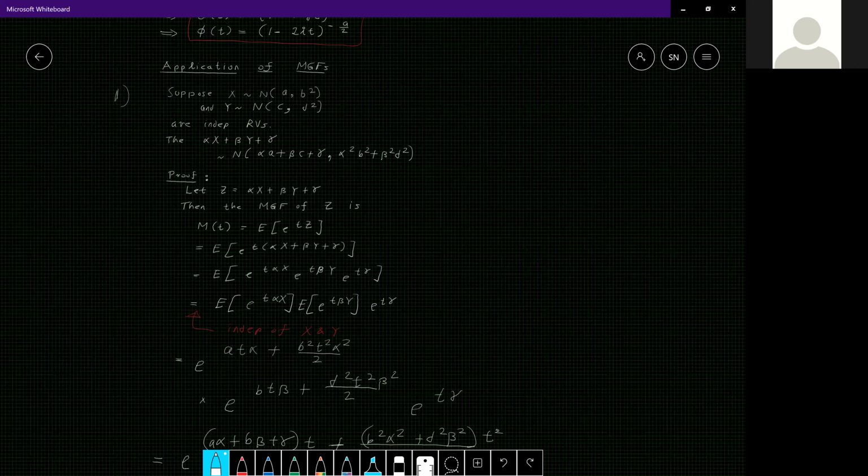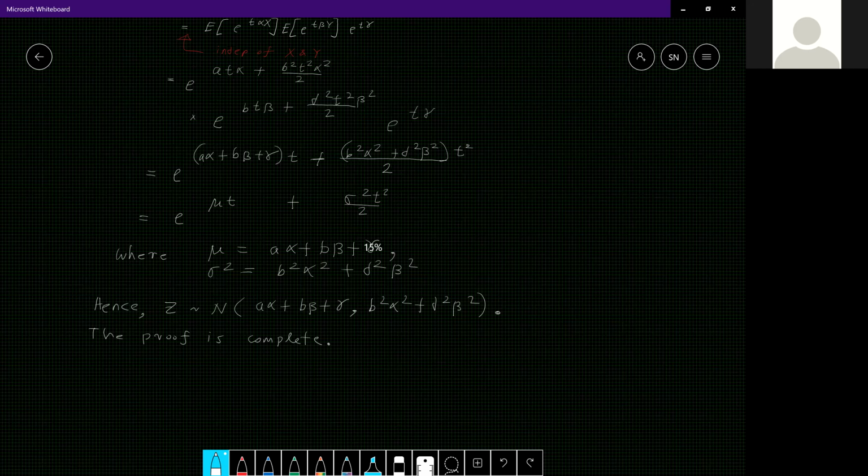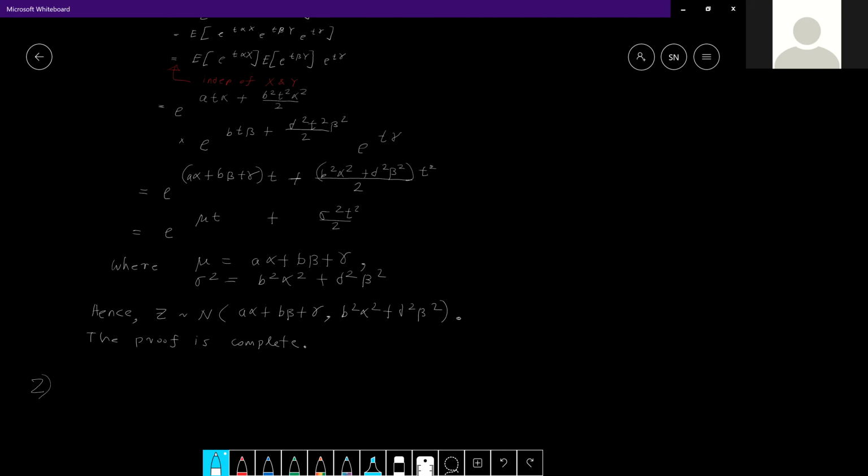The second application I'd like to talk about, if I have time. I don't know if I will or not, but the second application of MGF is the following. Suppose you have IID normal variables, right?